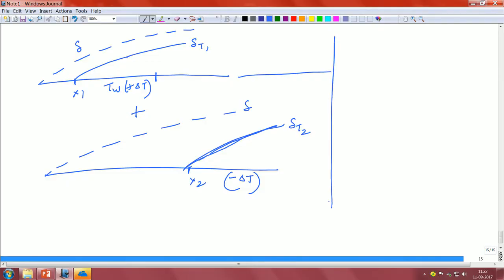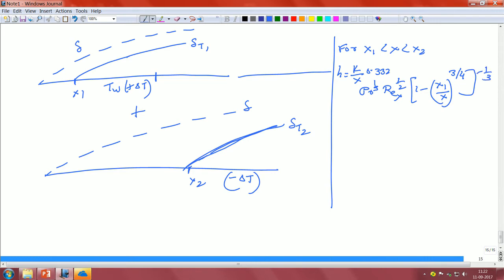So if this is the situation for x greater than x1 and less than x2, h will be given as k by x into 0.332, Prandtl number to the 1/3, Reynolds number to the half, this proportion remains the same regardless, times 1 minus (x1 by x) to the power of 3/4, all to the power of minus 1/3. q double prime is h into delta T, that is k by x into 0.332, Prandtl number 1/3, Reynolds number half, delta T, 1 minus (x1 by x) to the power of 3/4, raised to the power of 1/3.